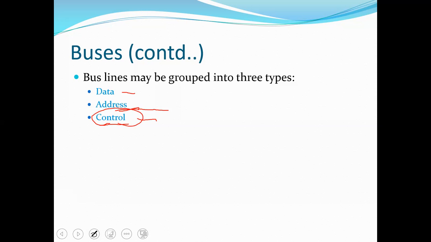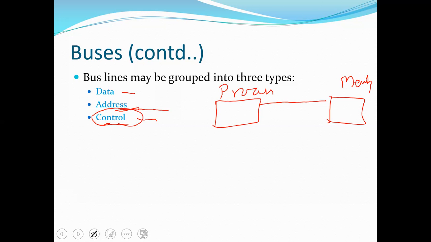Suppose the processor wants to communicate with the memory. It wants to write the data to the memory. So it passes the data, suppose "hello", to the memory.